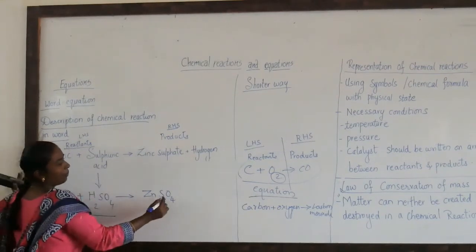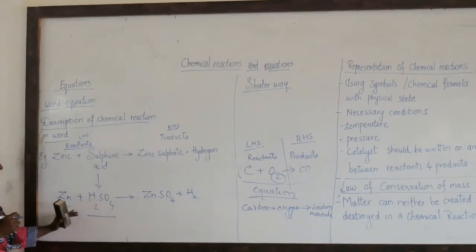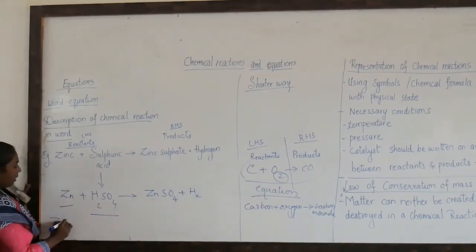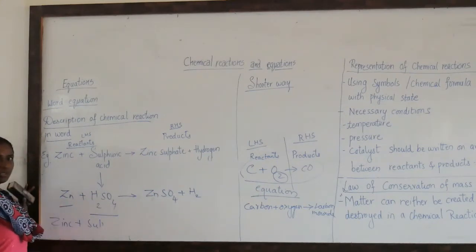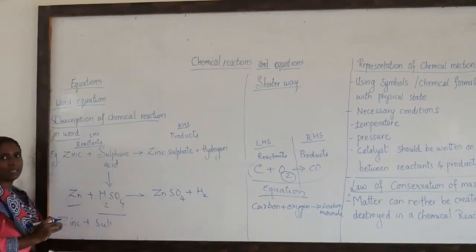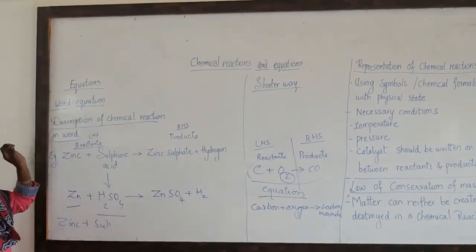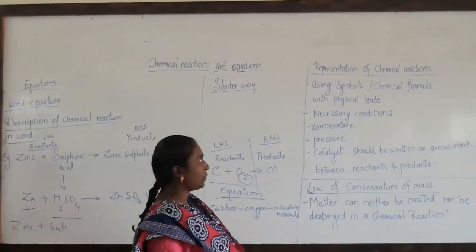Reactants, then products, plus hydrogen. Writing the whole thing, zinc plus sulfuric acid, is time consuming, children. So what is the shortest way? To write it with symbols. So equations are written in the form of symbols, right?